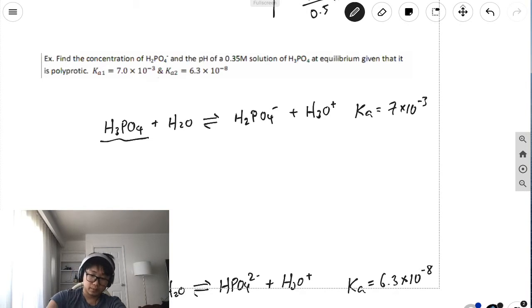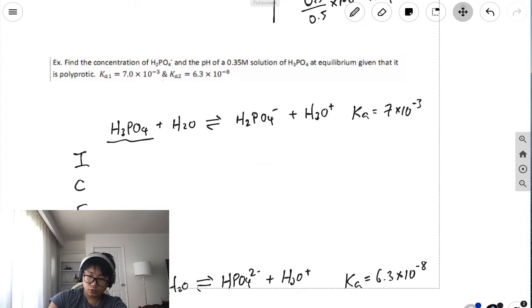So let's build an ice table for this first step. We have some kind of initial. What should be the initial H3PO4? They gave it to you in the question stem: 0.35. What about water? Trick question.